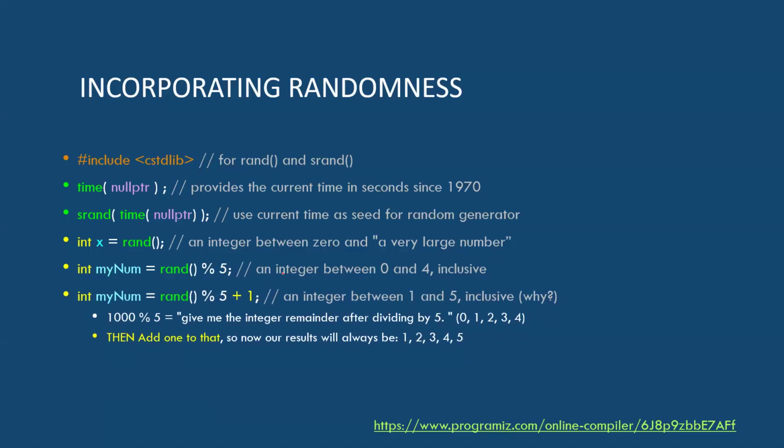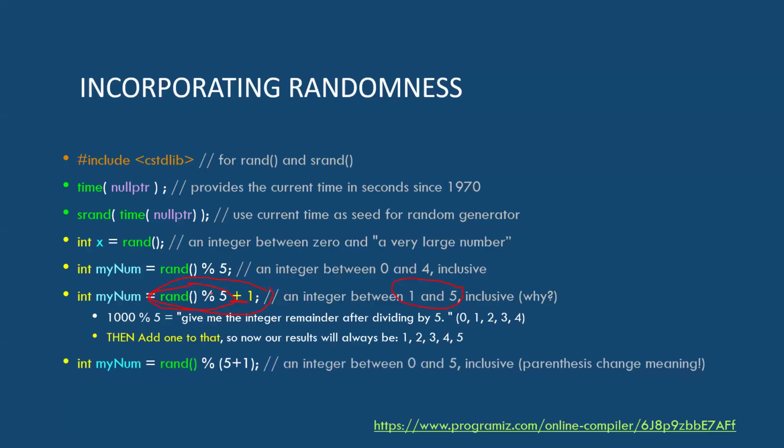And we can shift that over from the 0 to 4 range to have it be 1 to 5 range by just adding that 1, okay? So you'll see me doing this. If we're playing a game where we want to have numbers from 1 to 5 chosen randomly, I'll do something like that, okay?